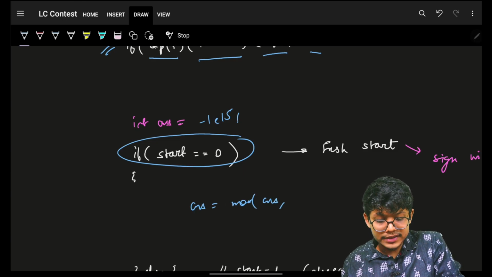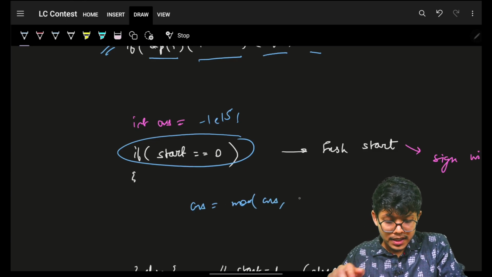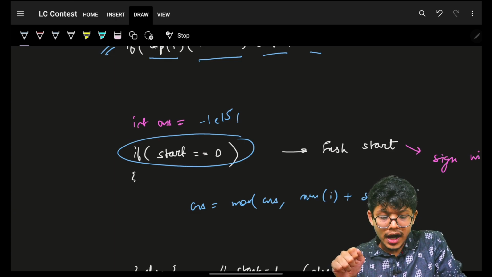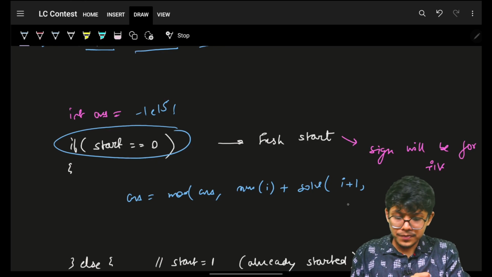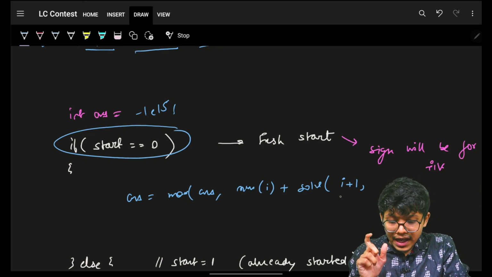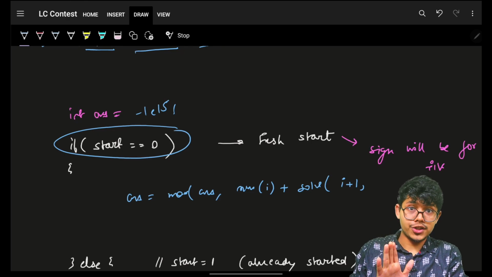Maximum of answer, comma, nums of I plus solve function, I plus 1. Now for that I plus 1, this indicated what? I will have to start afresh.